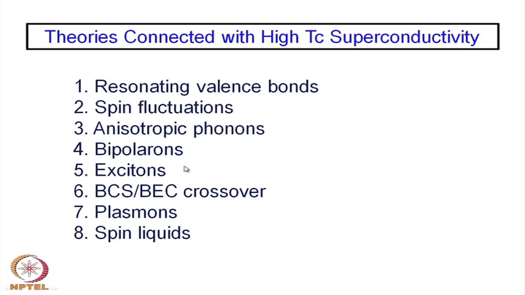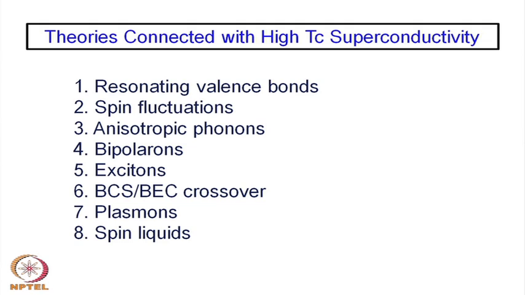These are not the complete list, but there are all possible theories. One is called the resonating valence bond theory, spin fluctuation theory, anisotropic phonons theory, bipolarons. In fact, the resonating valence bond theory as well as the bipolaron theory are more important. Then there are excitons theory, BCS crossover theory, plasmons, spin liquids.